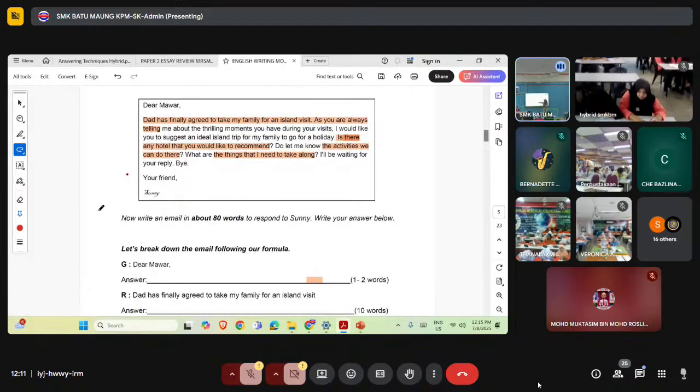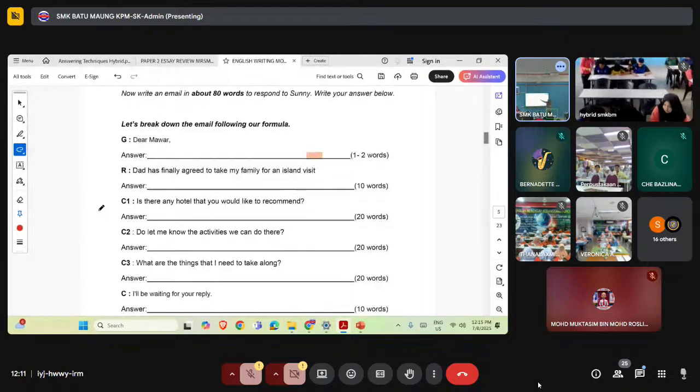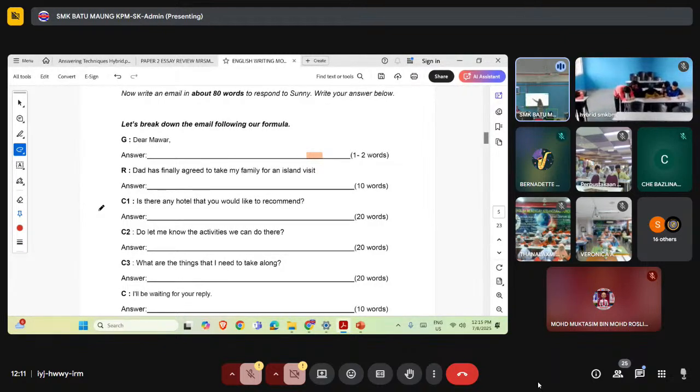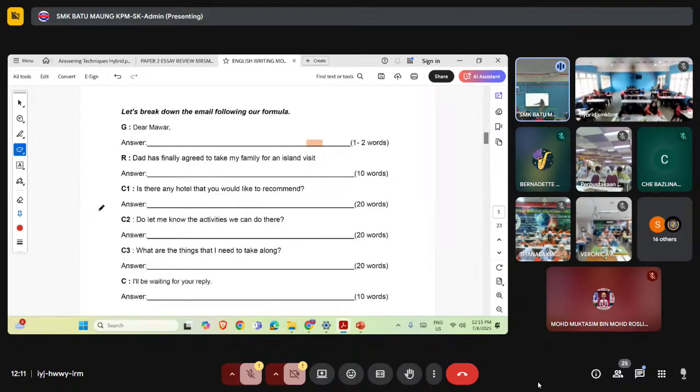Let's see how you can respond. Okay, it's written here. Dear Mawar. Okay, what is your response here? Answer, and then response that has finally, and then what is your answer? C1, C2, and C3. And finally, conclusion.